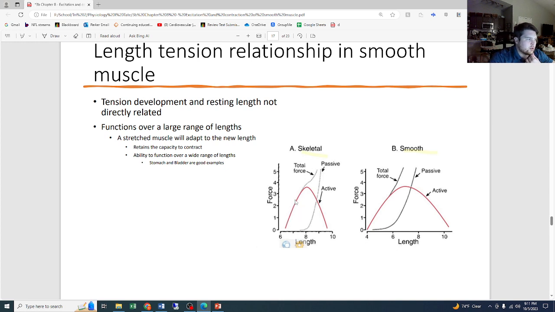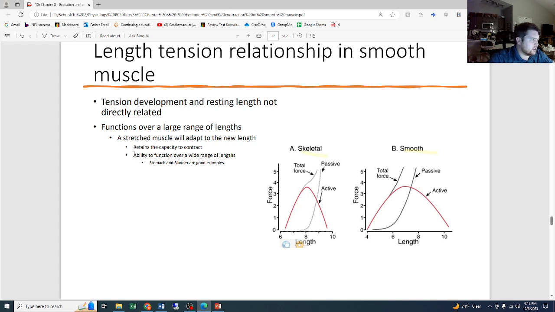See, here our total force, passive and active, versus our length. Our total force can keep going up and up, unlike the total force from our skeletal muscle.